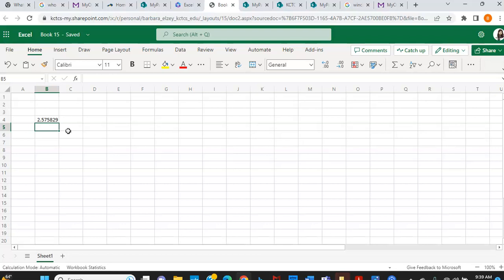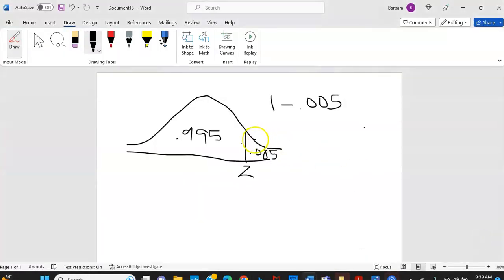Now let's transfer it over to the picture that I drew, and it will often help you to draw these pictures if you get confused at all. I'm going to put that number, 2.575829, down here. For the sake of the picture, I really don't need that whole decimal.